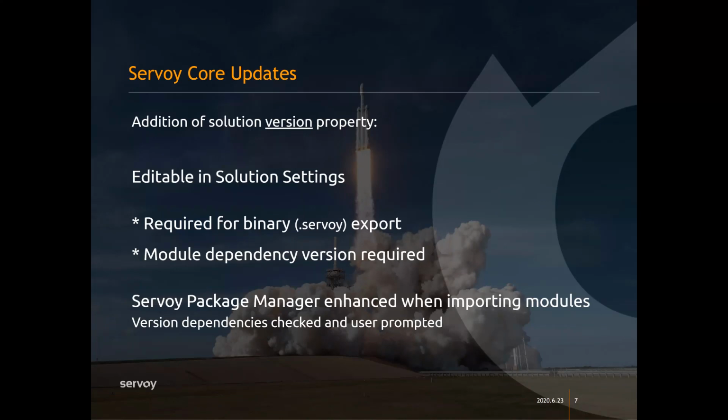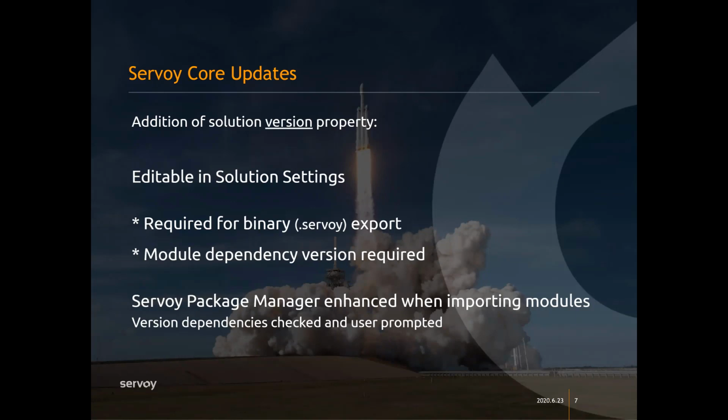Mainly, when we're importing solution modules from our own distributions, for things like search, utils, pop-up filter, all of those nice modules that are shipped as extensions and available through the Servoy package manager, those actually have dependencies, and you can imagine that one module depends on a certain version of another module.